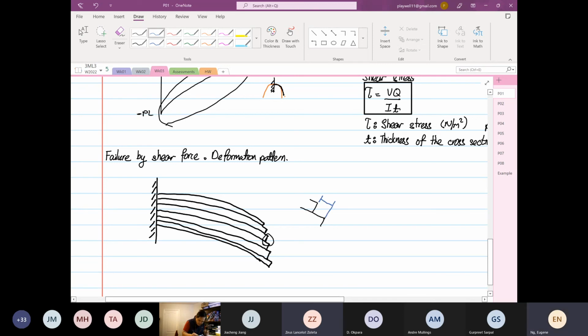This is our delta. Delta is the distance moved, or deflection, induced by the shear force.